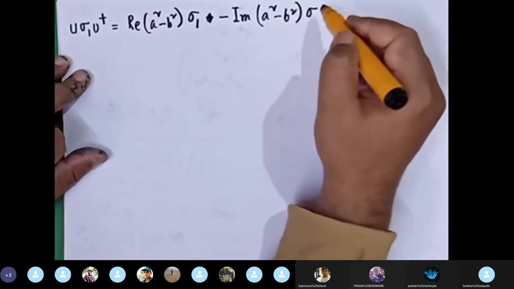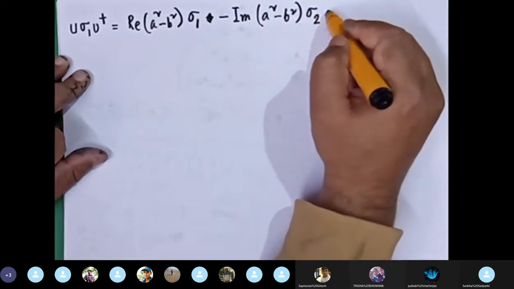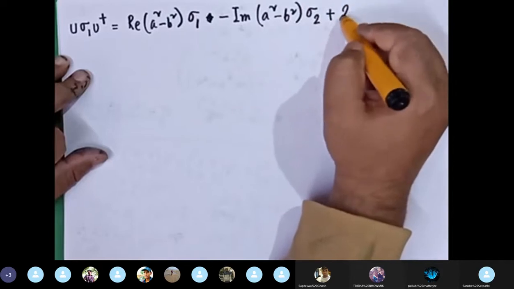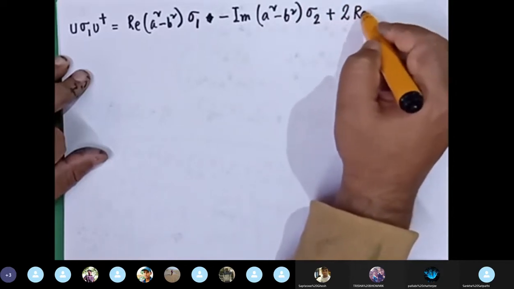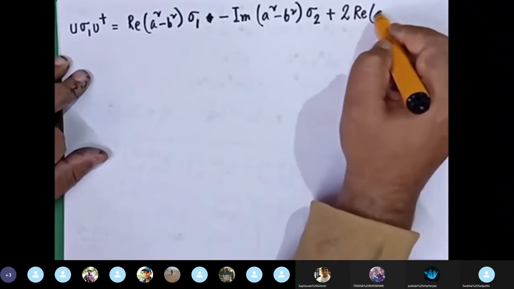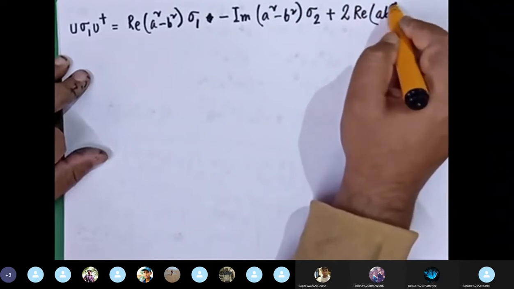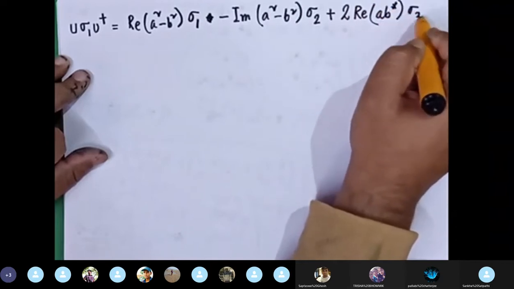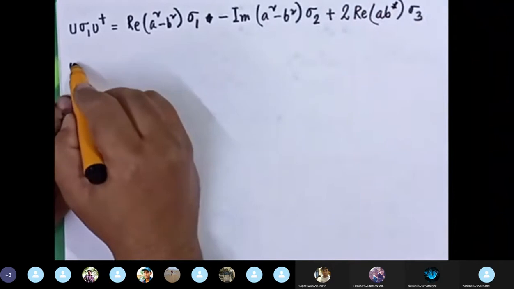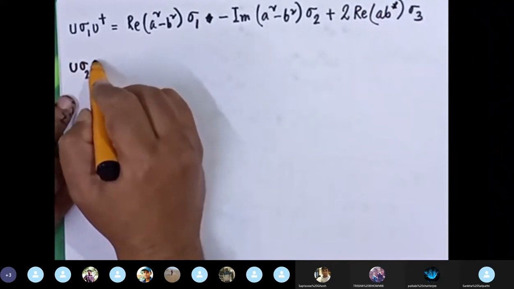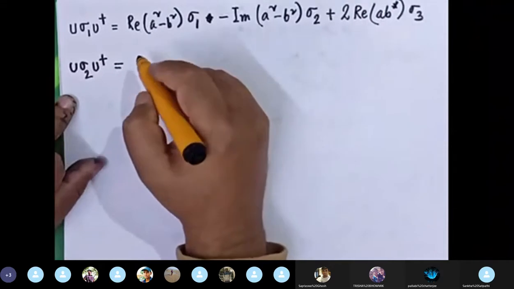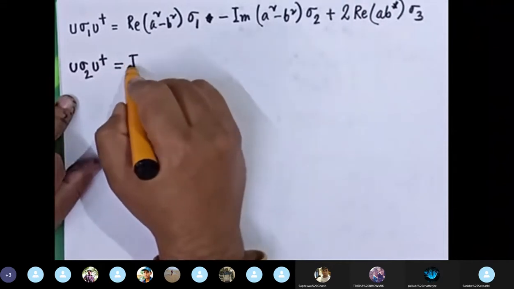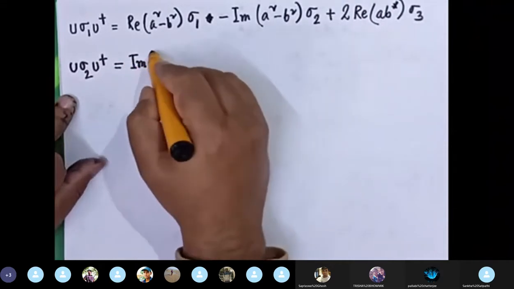Actually, once you have to do this calculation, because you don't know when and where these calculation tricks will be available. A B star or A star B, whichever way you think, sigma 3. Similarly, U sigma 2 U dagger is, you can check this. I have not done this.